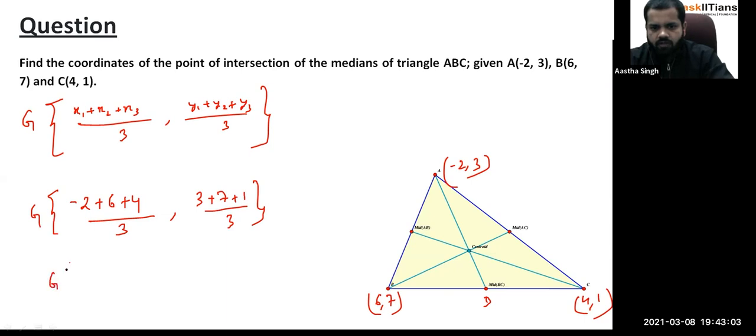So the G coordinates will be 6 plus 4, 10, minus 2, 8, so 8 upon 3, comma, 7 plus 3, 10, 10 plus 1, 11, 11 upon 3.